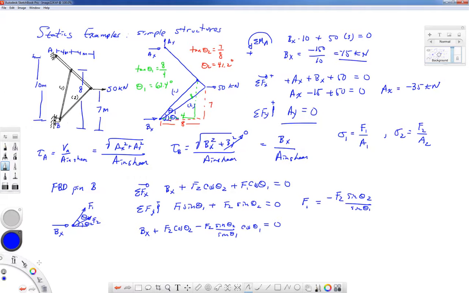Okay, so now I'm going to put some numbers in. We work over here where I have a little bit more room. So Bx is minus 15. And now I have F2 cosine of theta 2, cosine of 41.2 degrees, is 0.752. And I have the sine of theta 2 divided by the sine of theta 1 times the cosine of theta 1.